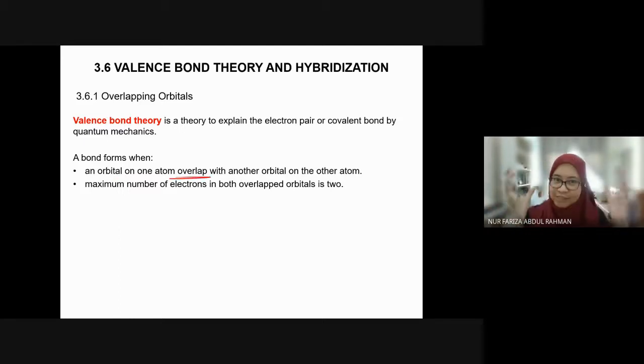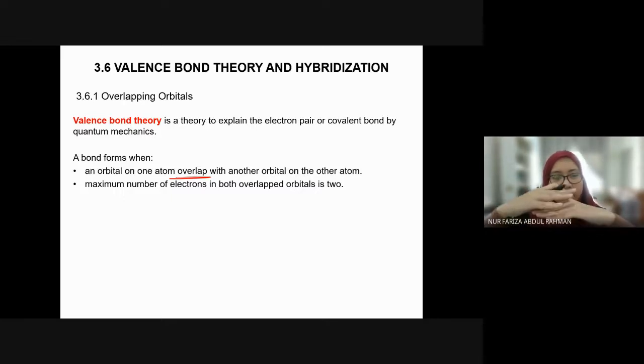We know that orbitals can be p orbital. Remember, we recapped from topic 2, we have p orbital, d orbital, and also s orbital. So how do they share electrons? Basically, imagine the electrons sit in the orbitals, so they come closer to one another, and they finally overlap.